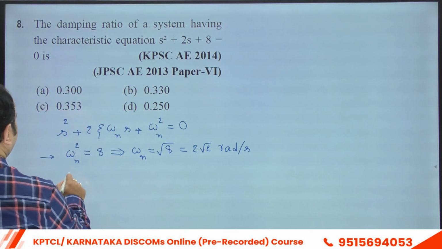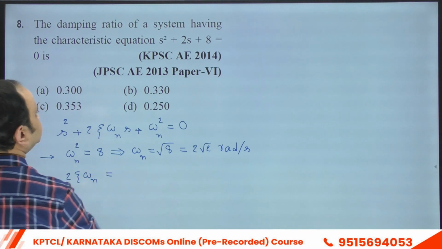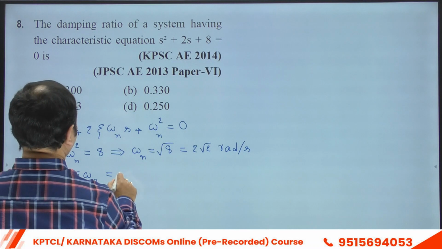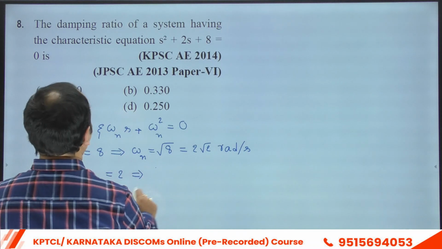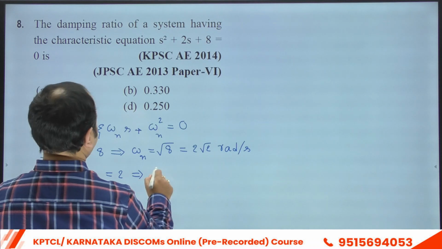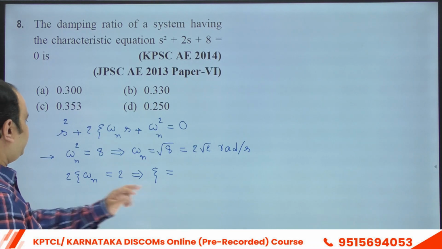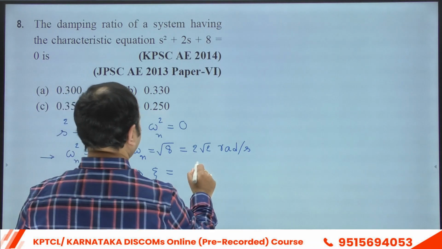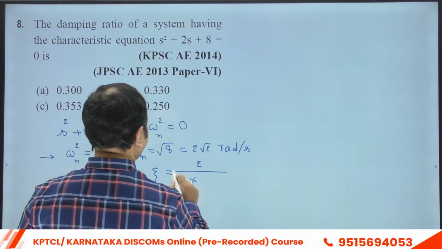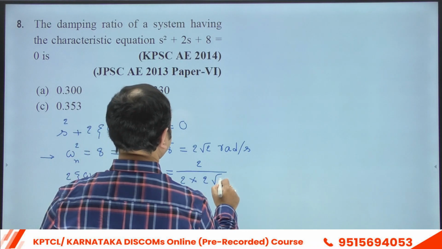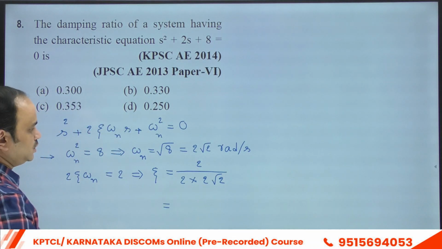Next, 2 zeta omega n is given as 2. Therefore, what is the zeta value? That is what is required in the question. Zeta is the damping ratio. So zeta is 2 divided by 2 into omega n. What is the omega n value we got? 2 into root 2.